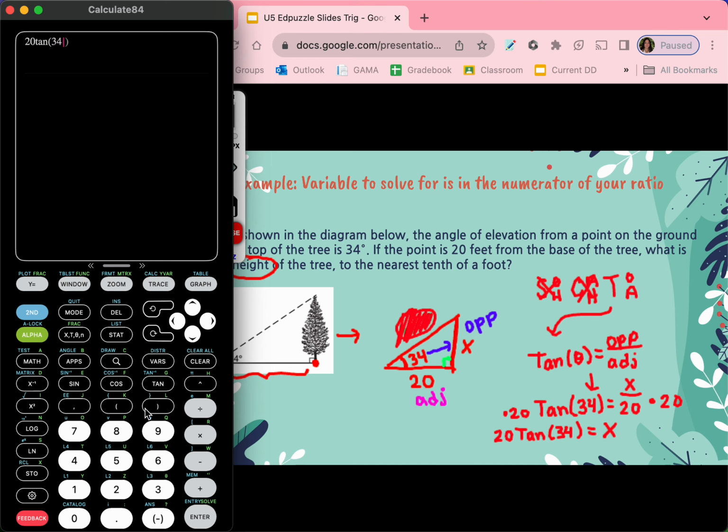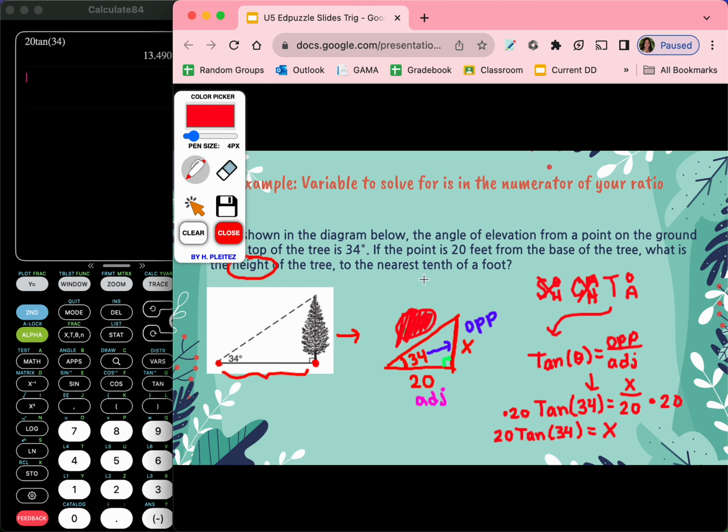And we want to make sure we close that parentheses. And then we're going to hit enter. So we get this number. And again, look at what we want to round to. Because we have a lot of decimals, we're rounding to the nearest tenth of a foot. So that number that we get, 13.5, that would round to, equals x.